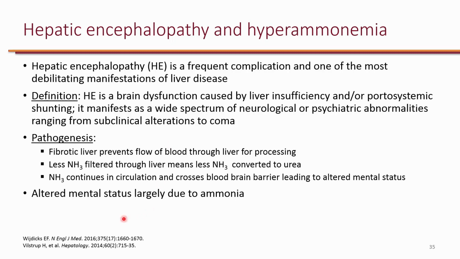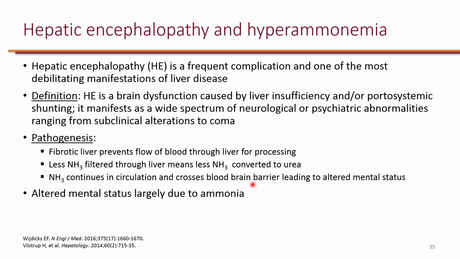Now, the pathogenesis typically involves a fibrotic liver that prevents flow of blood through the liver for processing. So less NH3 is filtered through the liver. It means that less of it is converted to urea. So ammonia, NH3, continues in circulation, and at high levels it can actually cross the blood-brain barrier, leading to altered mental status.